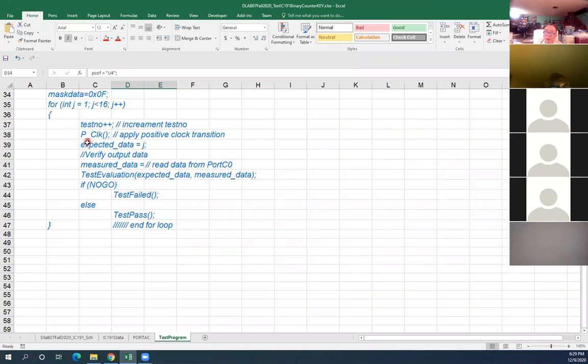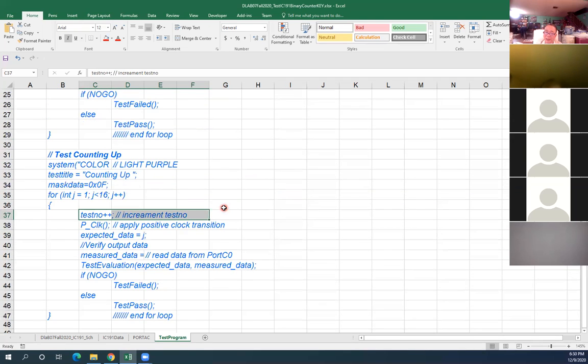If you want to do a loop a certain number of times, you have to use the for loop, from what to what, increment or decrement, and open the bracket inside. All the time you have to increment that number. In this case, you want to apply the clock and get the exact data and measure, and that goes for any loop later on.